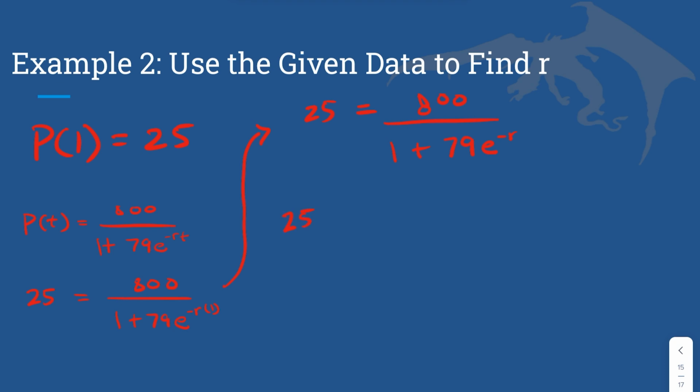I'm going to multiply on both sides by 1 plus 79E to the negative R. Then just going to solve algebraically. Okay, going to make more space.